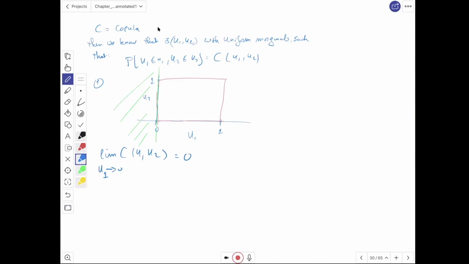Same thing if you look at the limit of C(u1, u2), but now u1 is going to 1.